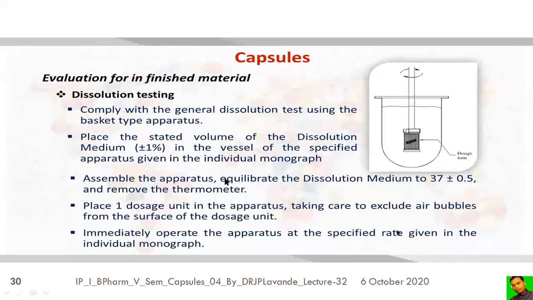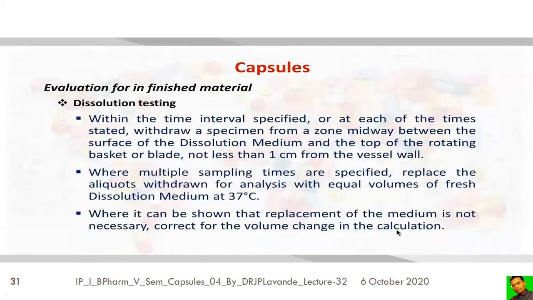Then assemble the apparatus, equilibrate the dissolution medium to 37 degrees Celsius plus or minus 0.5 degrees Celsius and remove the thermometer. Place one dosage unit in the apparatus, taking care to exclude air bubbles from the surface of the dosage unit. Immediately operate the apparatus at the specified rate given in the individual monograph. According to the monograph, the test needs to be performed.